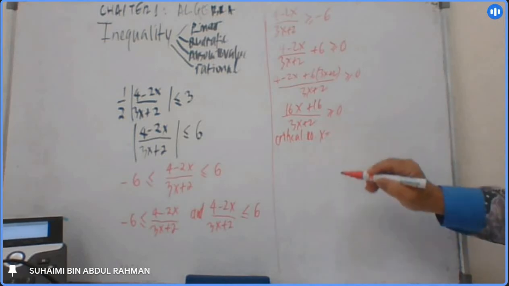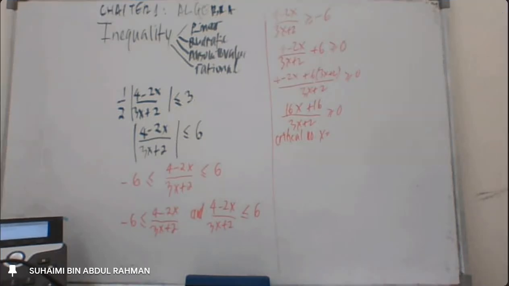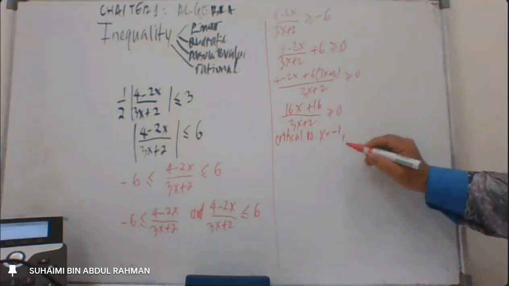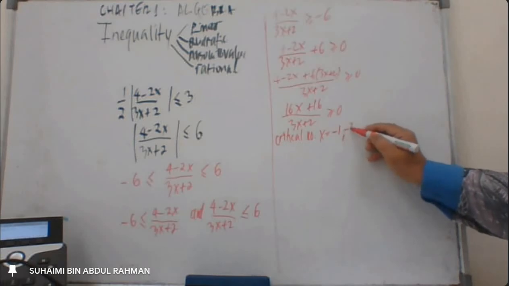x equal to what? What are our critical numbers? x equal to negative 1, yes, and negative 2 over 3.